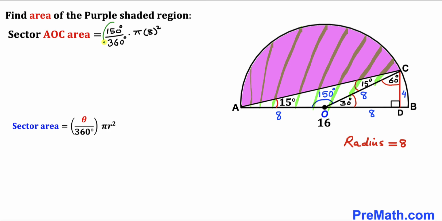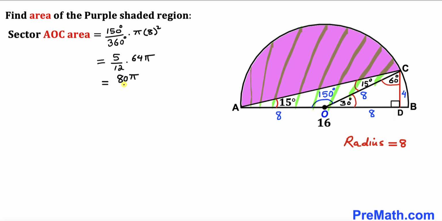If we reduce this fraction, that is going to give us 5 divided by 12, and 8 squared is 64. So we can write 5 divided by 12 times 64 pi. Now let's multiply and simplify. That is going to give us 80 pi divided by 3 square units. So the sector AOC area turns out to be 80 pi divided by 3.